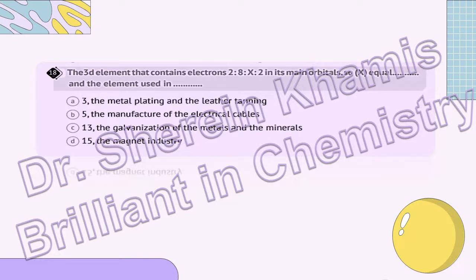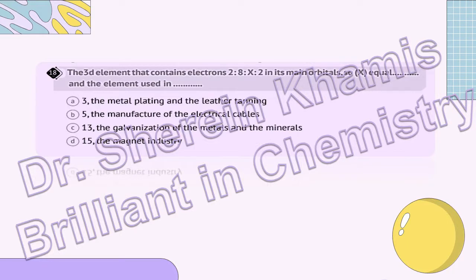Let's go into question 18. Question 18 says that the 3D element has the electronic configuration 2, 8, x and 2 in its main orbitals. So x equals what, and what is the element used in?